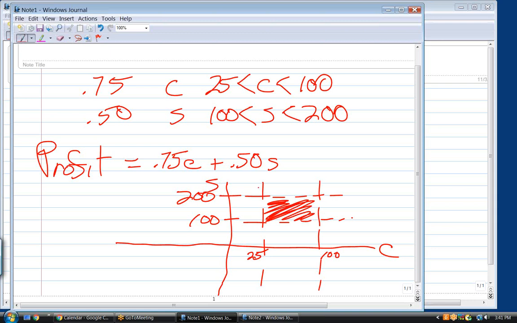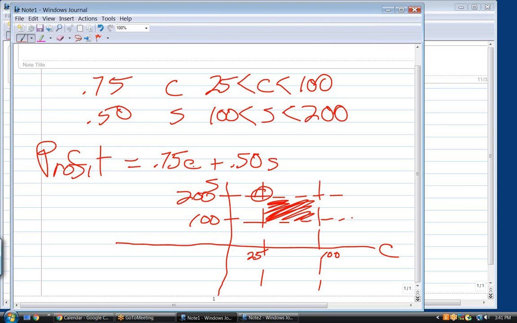Well, let's take this vertex right here. What profit is made when I'm selling 25 candy bars and 200 sodas? You'd have to do the math for that.